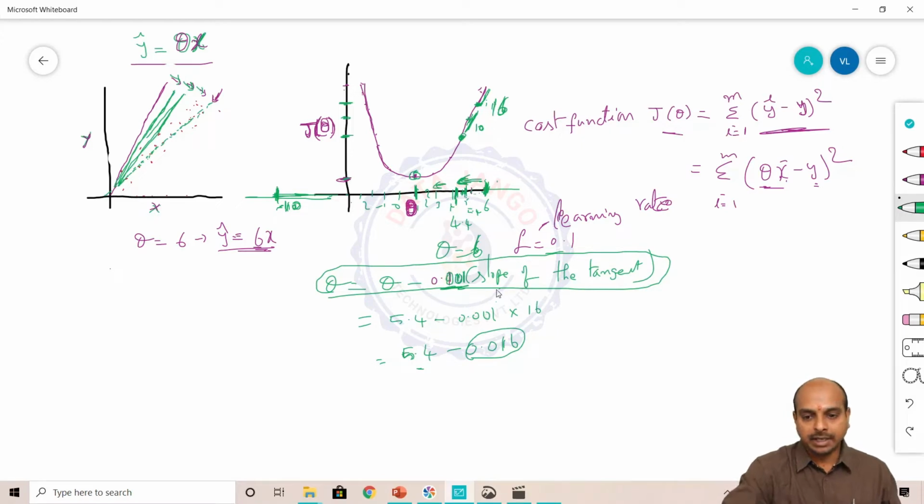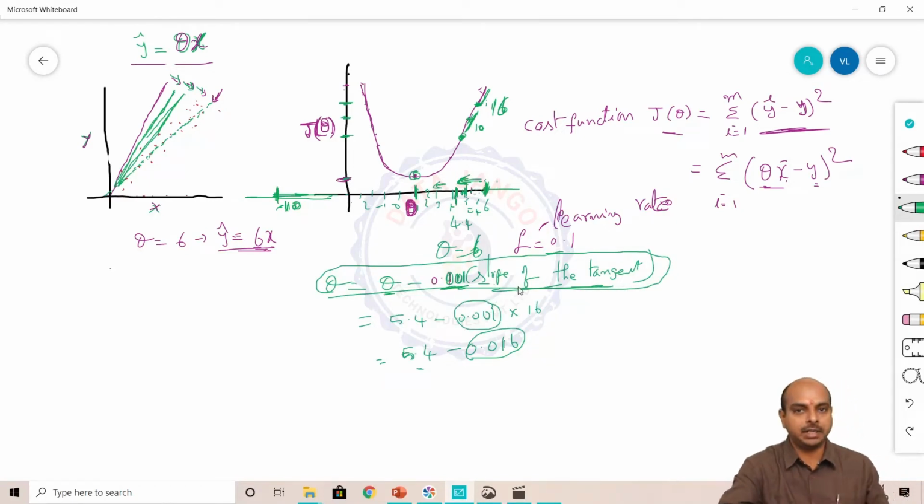Every time you calculate the slope, you take the new theta and then calculate again: calculate theta, then calculate the slope, again calculate theta, again the slope. So every iteration you are making less move, so your alpha, the learning rate, should be chosen appropriately.